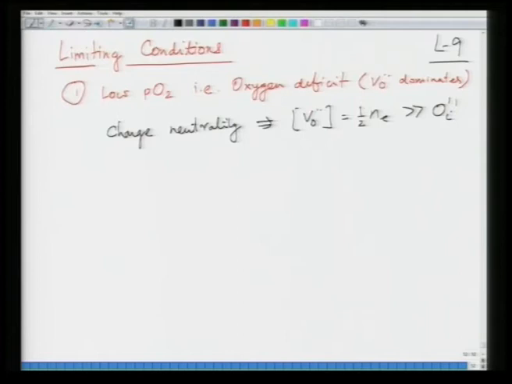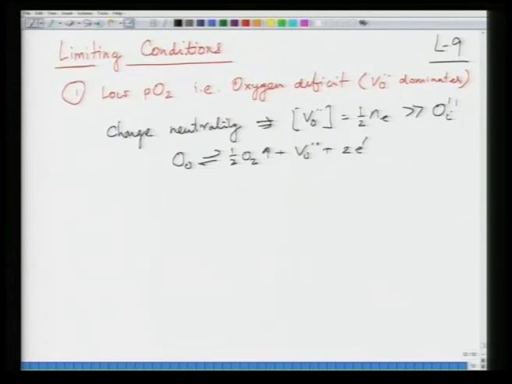So, now we can write the reaction: OO was equal to half O2 plus VO plus 2E.